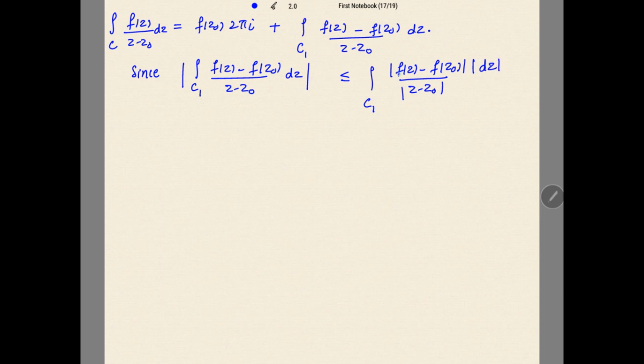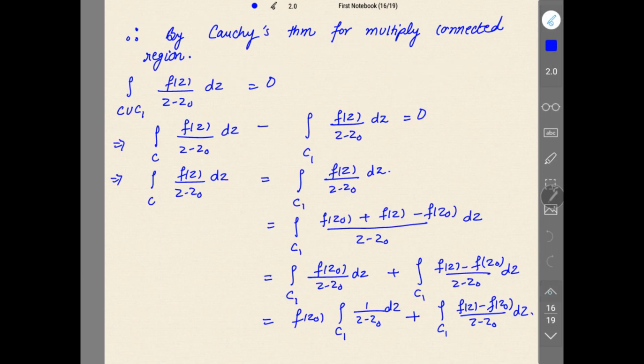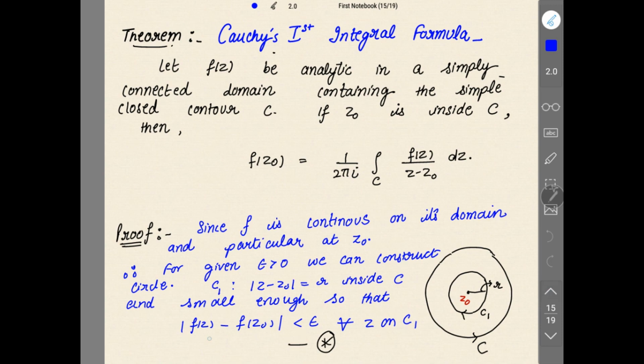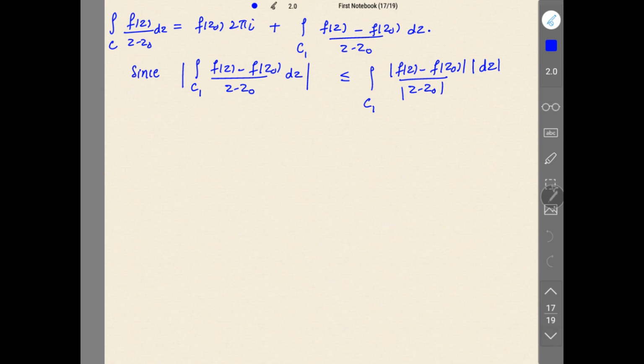Now this mod of f of z minus f of z naught is less than epsilon by our definition for the continuity, which we have marked as star. So we can write this as less than epsilon over the mod of z minus z naught, which is r, and then what remains is the integral over C1 of mod of dz.